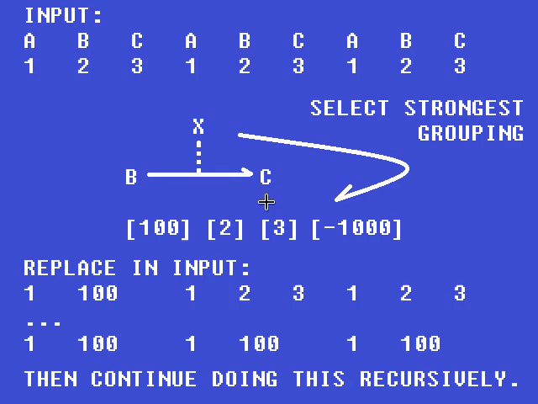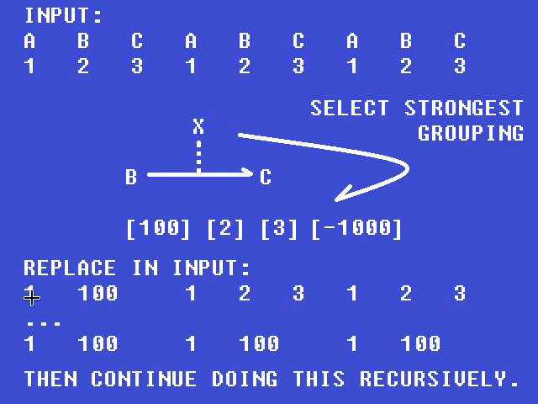You are selecting the strongest vicinity connection and you are grouping it. What you are essentially doing is replacing each occurrence of 2 and 3 with the atom number of X, that is with 100, because 100 is denoting 2 and 3.